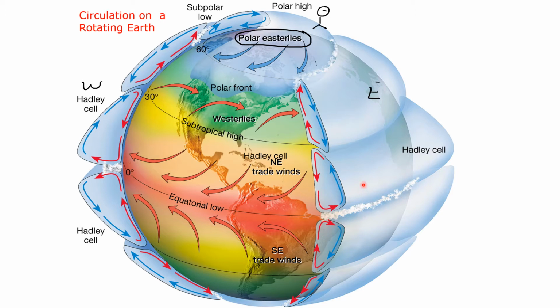Down here, same thing happens. That air begins to rise, a portion of it sinks and begins to head back toward the equator, and it's deflected what direction in the southern hemisphere? To your left. So these are coming from the southeast. Those are called the southeast trade winds.